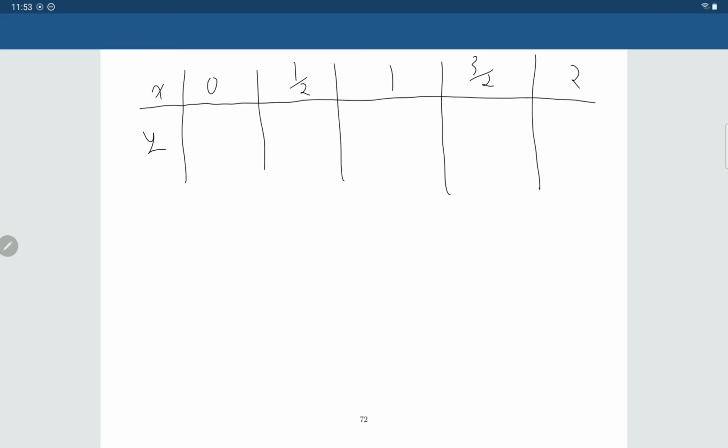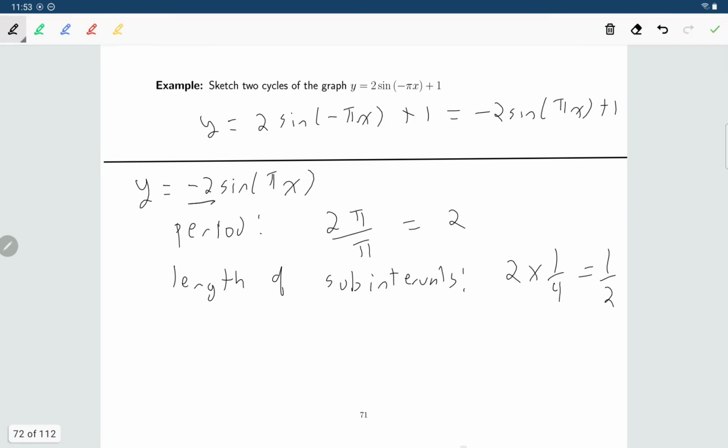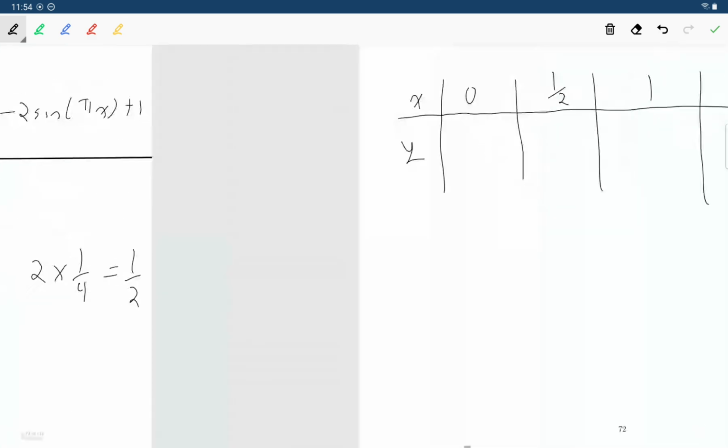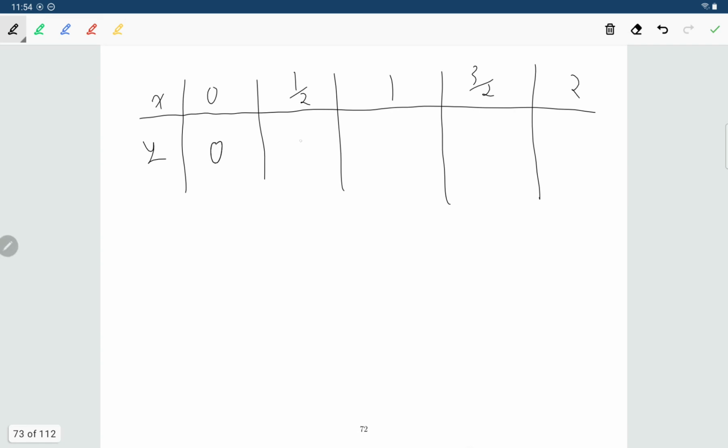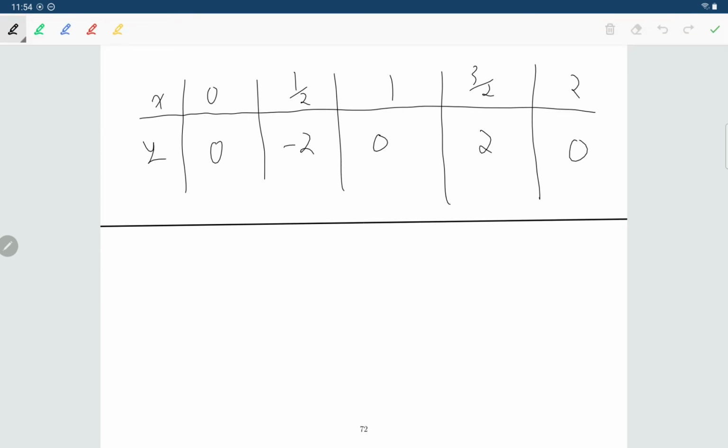And for our y values, remember that for the sine function, the y values follow in the order of 0, then the coefficient, then 0, then the opposite of the coefficient, then back to 0 again. And here the coefficient is negative 2, so our y values should go from 0 to negative 2 to 0 to the opposite of it, then back to 0 again. So those are the 5 key points without the vertical shift.